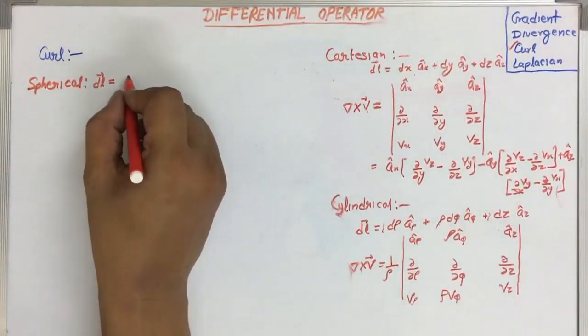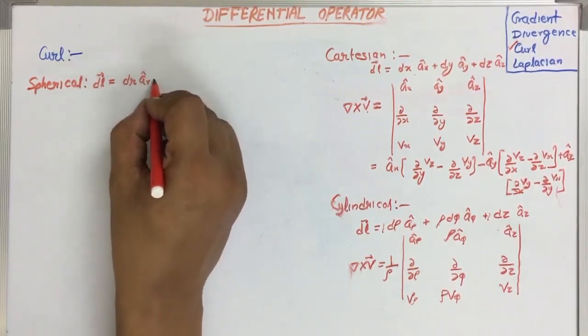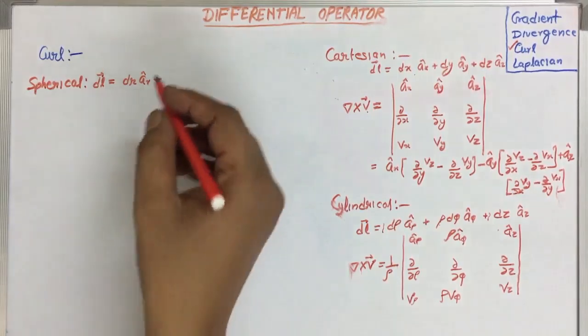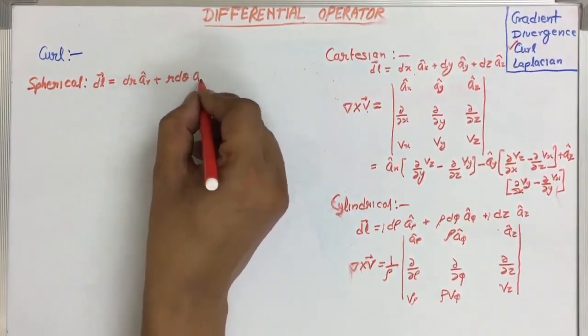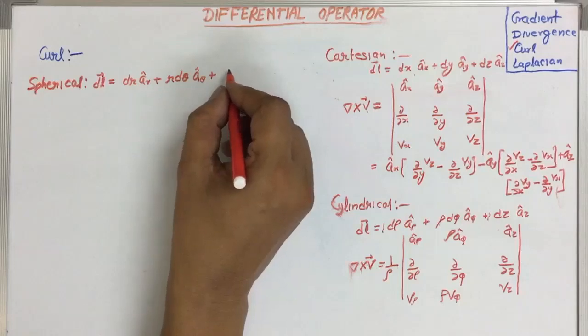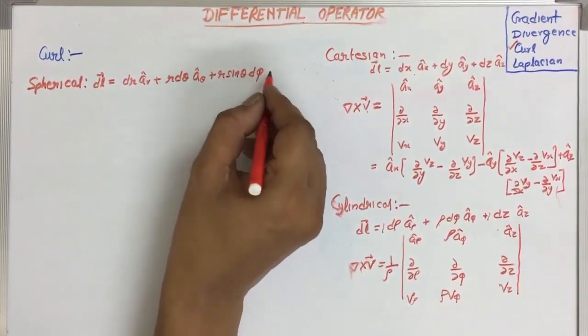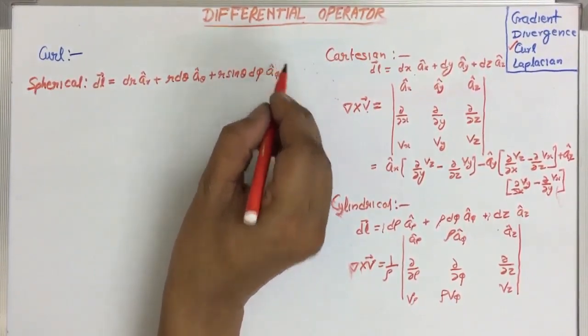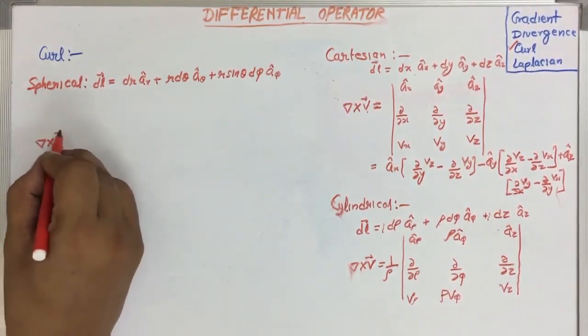That was dr in the direction of the radius vector, and r d theta in the direction of a theta, and r sin theta d phi in the direction of unit vector a phi. This was the differential length. With the help of this, we will try to find the curl of vector field V in the spherical coordinate system.